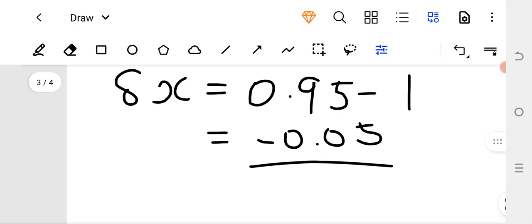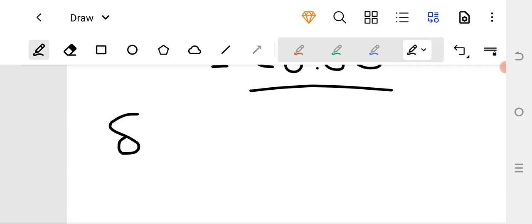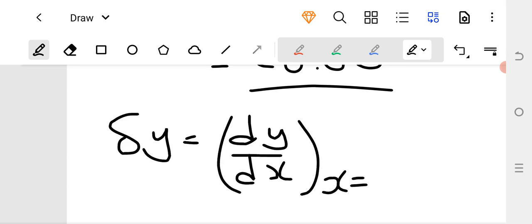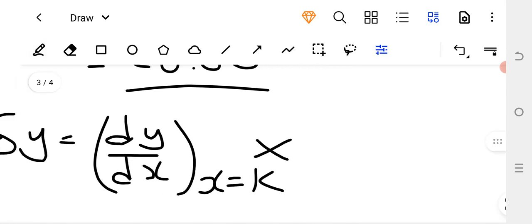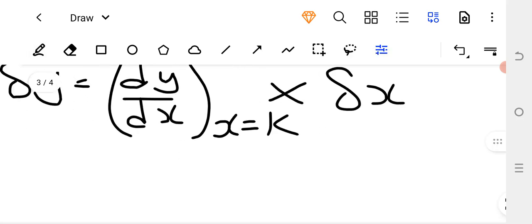You subtract the two, and that will be your change in y. Now, to avoid all that, there's a formula: delta y, the change in y, is equal to the derivative of the function itself, dy dx, where x is equal to a constant, multiplied by delta x, the change in x.